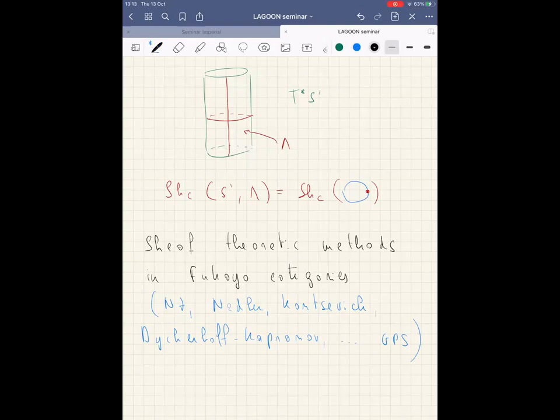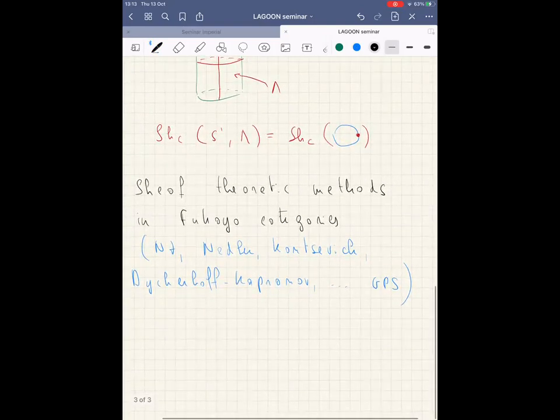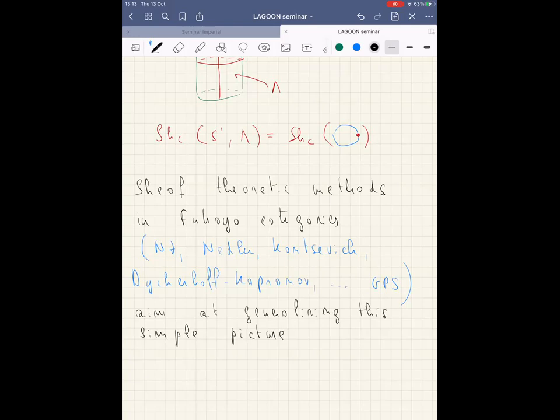Sheaf-theoretic methods in the Fukaya category aim at generalizing this simple picture to symplectic manifolds of the following type.